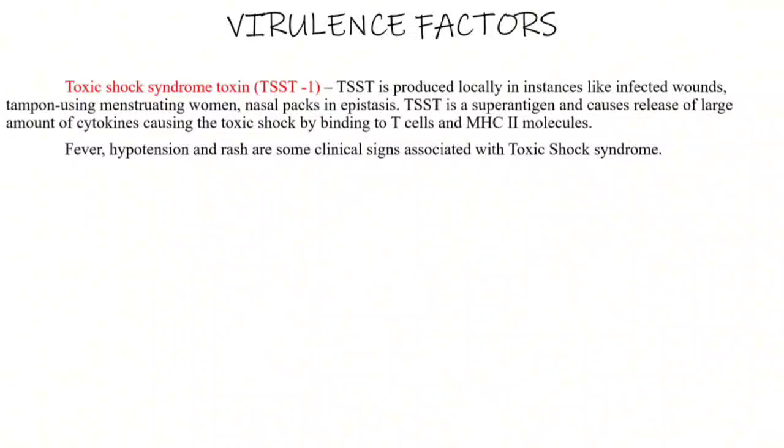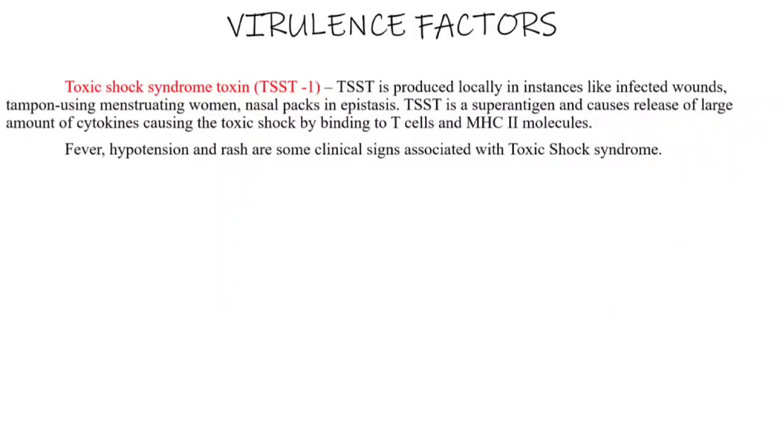Normally when there is a foreign antigen in the body, antigen presenting cells like dendritic cells take in the antigen and process it, put it on the cell membrane, and then present it to the T cells, right? Presents it to the T cells for them to recognize the particular antigen and work against it.